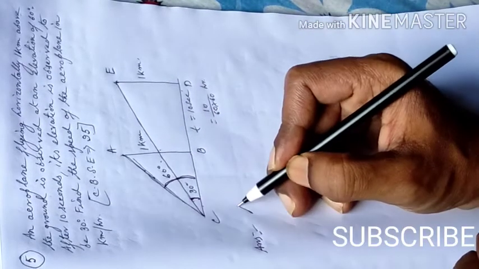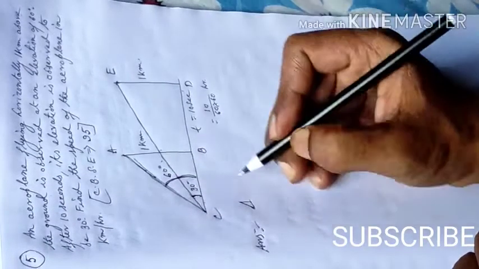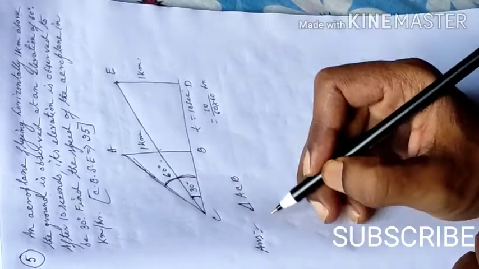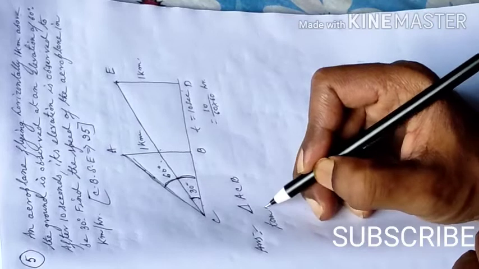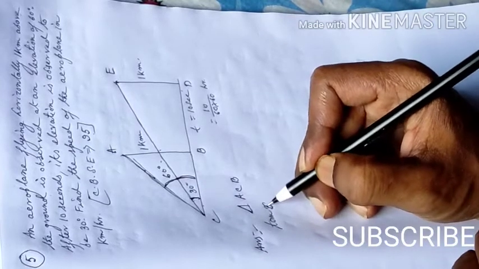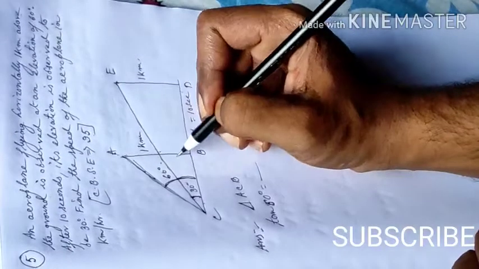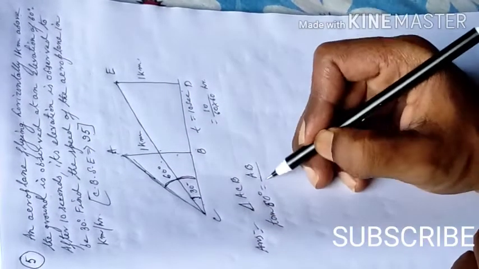Now in right angle triangle ACB, tan theta, here tan 60 degree is equal to perpendicular AB by base CB.